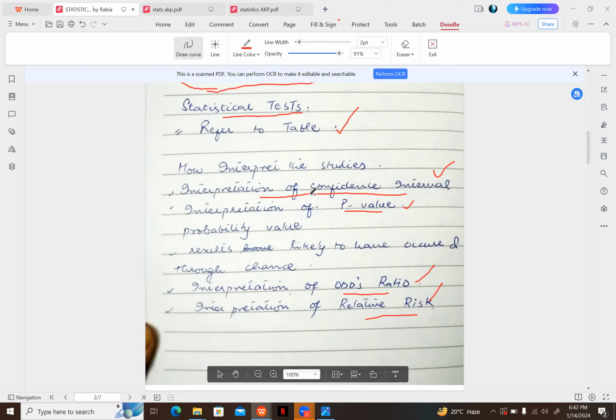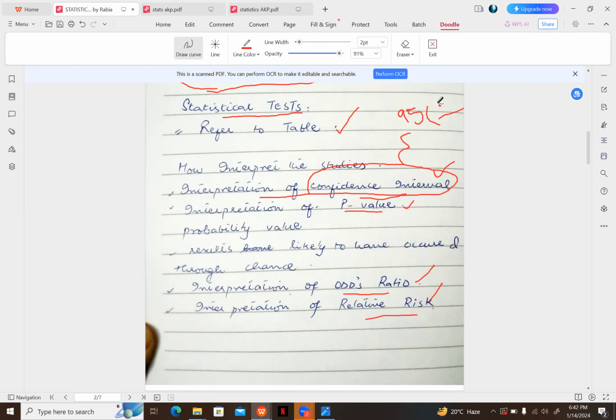So don't worry about the confidence interval much, because in most of the questions you will find they have given 95. And what does it mean? It is an interval: two numbers will be given to you, number A and number B, and they say this is a range in which you can say confidently that the result lies between these two values. This is called the confidence.